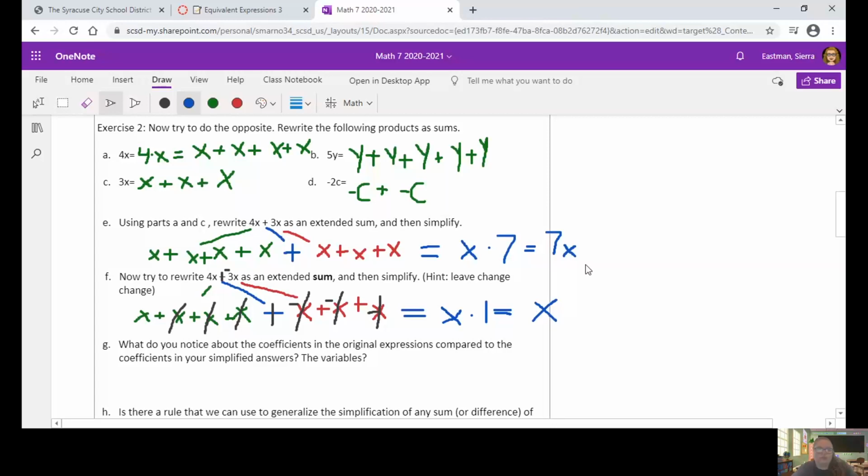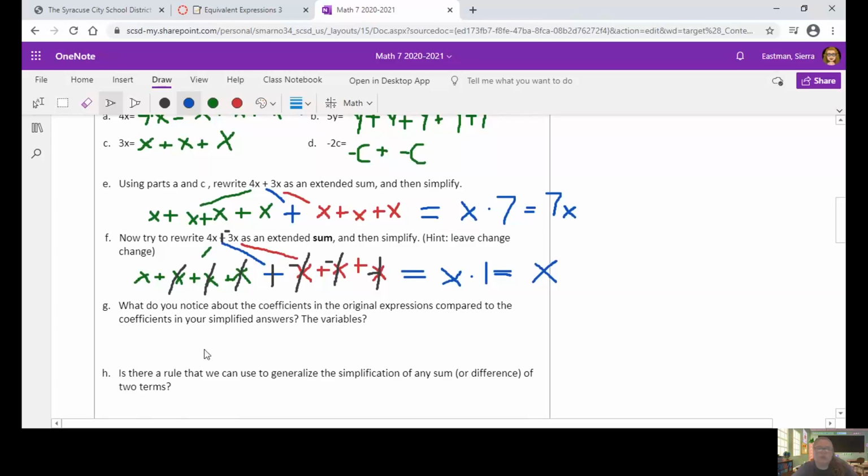The 4 plus 3 were added, and the x just stayed the same. 4x minus a 3x, or plus a negative, gave us the 1 as a coefficient, and then the x's just stayed the same. Okay, so in part G here, you guys could write that down, just your observations that you thought about.